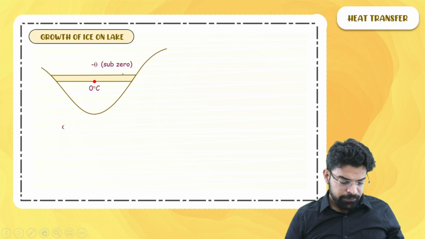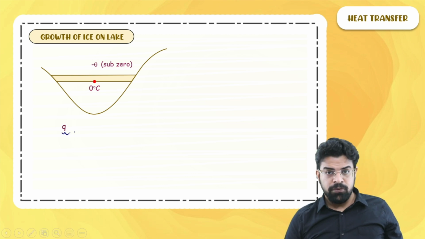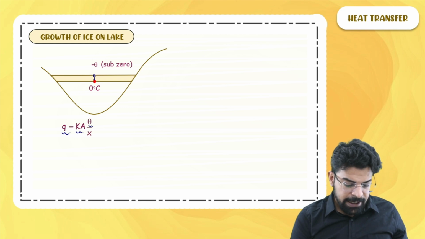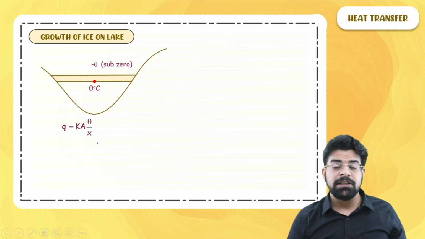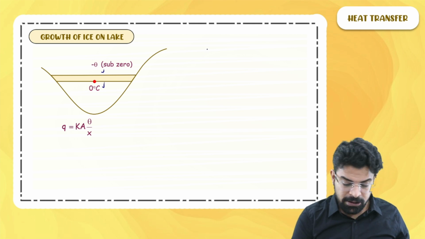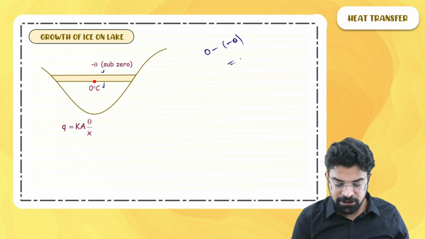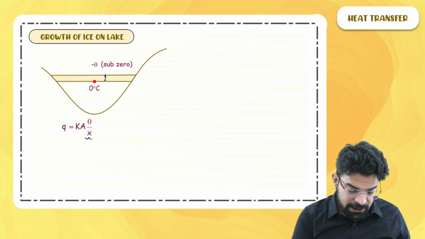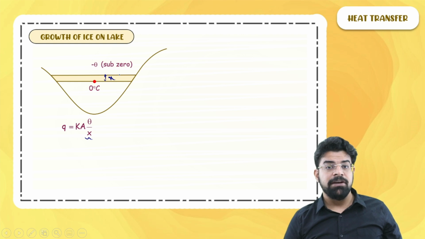So the rate of heat flow through this ice will be equal to KA theta by x. Sir, what is theta? The temperature difference, 0 minus theta gives you theta. And sir, what is x? x is the thickness of ice at any given instant.